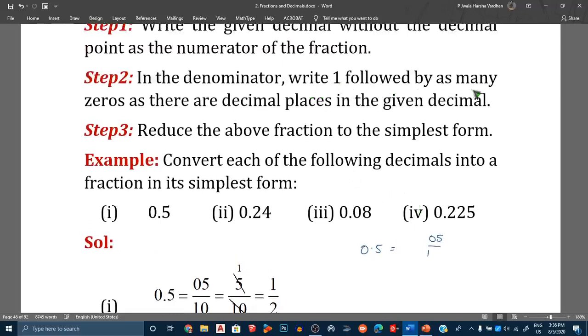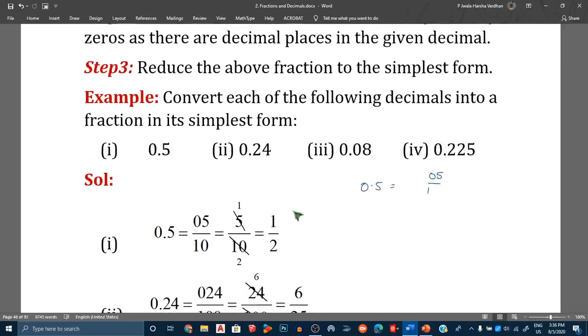Write 1 followed by as many zeros as there are decimal places in the given decimal. After the decimal point, how many digits are there? 1. So 1 0 you have to write here. So 05 by 10. Now you can remove the front 0 because there is no value for that. So 5 by 10.